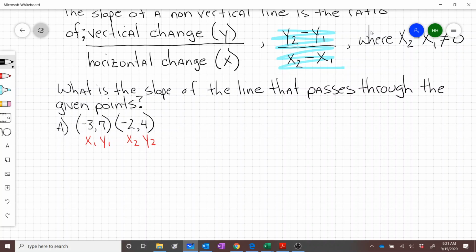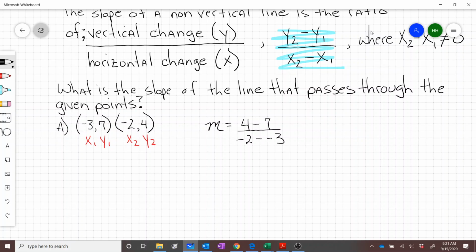So the slope of this line, and another term or letter used to represent slope in algebra is m. So m, which is our slope, is going to be equal to y sub 2, which is 4, minus y sub 1, which is 7, over or divided by negative 2 minus negative 3.